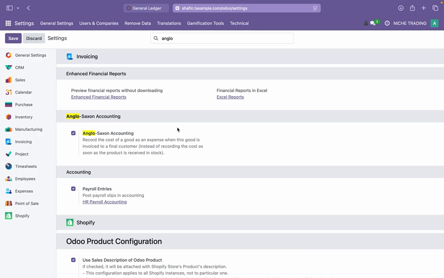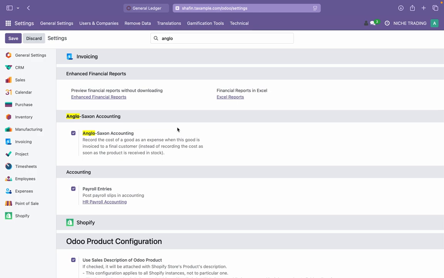For example, if we just purchased 1000 items of the product valuation at $10 per unit, the system will automatically put the journal cost of goods sold debit, interim stock credit.